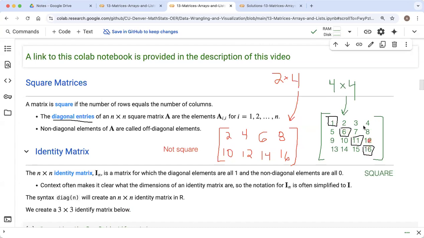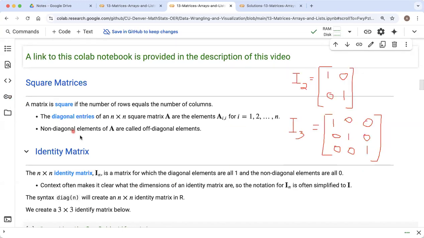For matrices that are not square, we don't have this notion of diagonal and off-diagonal because there is no single diagonal. So this terminology of diagonal, off-diagonal, non-diagonal refers only to square matrices. And again, a square matrix is a matrix that has the same number of rows as columns.